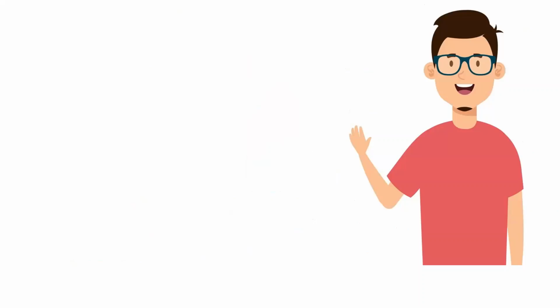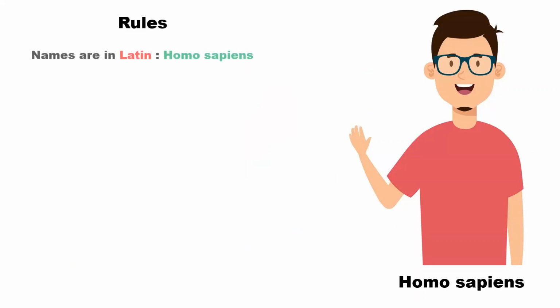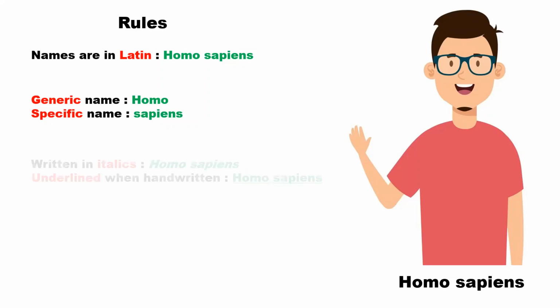This picture is of a human being, and in binomial nomenclature, he has been called Homo sapiens. So the first rule is names are always in Latin, and it has two parts. The first part is the generic name, called Homo. The second part, or the specific name, is called sapiens.